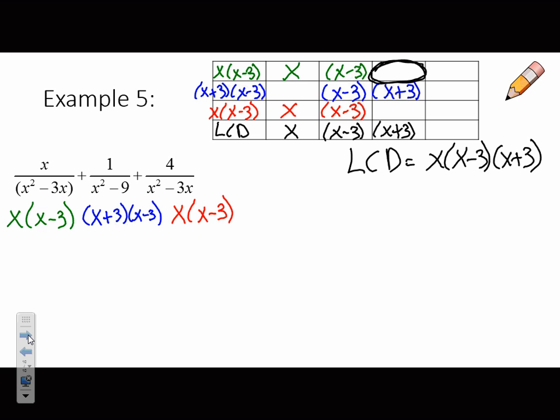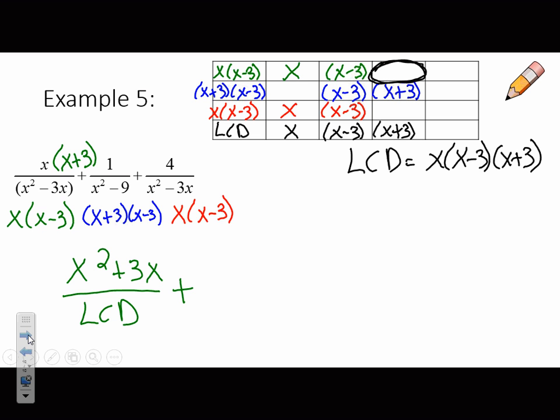So I have to multiply my numerator by x plus 3. When I do that, I'm going to get x squared plus 3x all over my least common denominator, plus my second one. I look up here, I'm missing that x. So my second numerator I need to multiply by x.